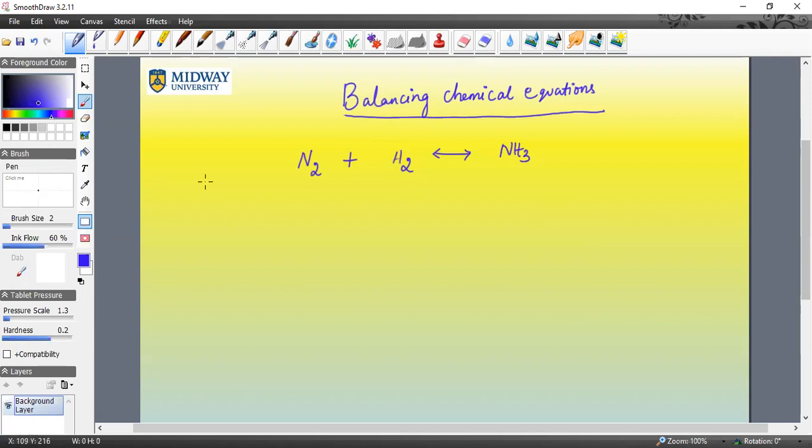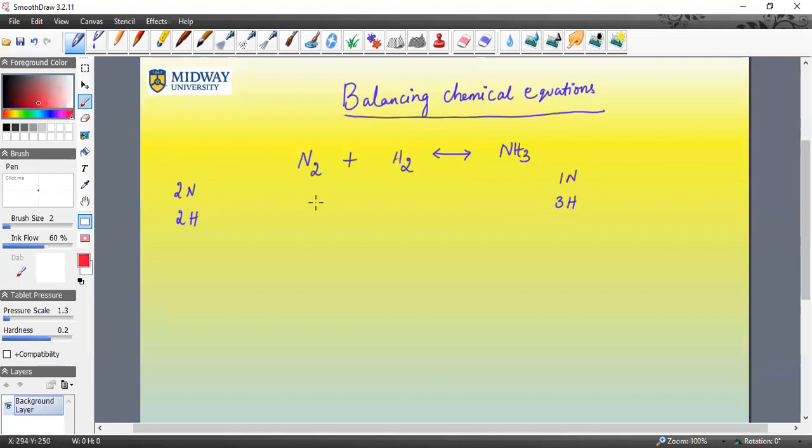All right, so let's work out what we have on this side. We have 2 nitrogens, right? Because 2 hydrogens. Then on this side, we have 1 nitrogen and 3 hydrogens, right? As I said, always start with any element that's not hydrogen first.